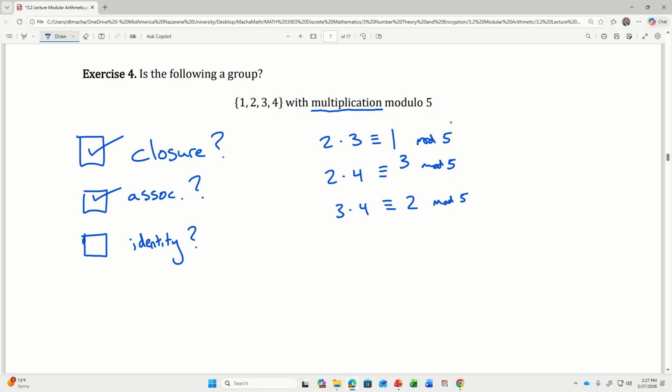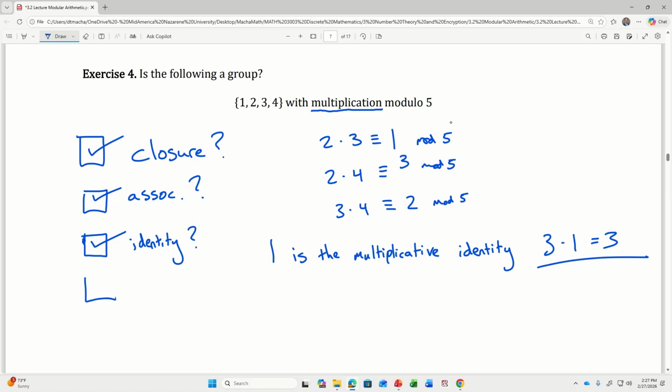Yes, because it's multiplication, 1 is the multiplicative identity. 0 was our additive identity because 2 plus 0 equals 2. But this time, since my operation is multiplication, we have 3 times 1 equals 3. That makes 1 the identity, and we're good there.